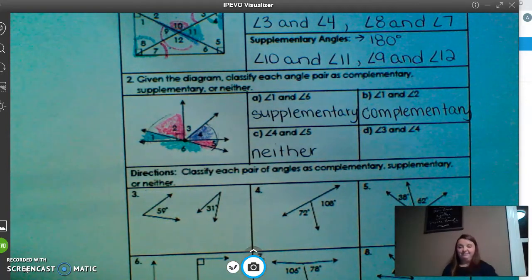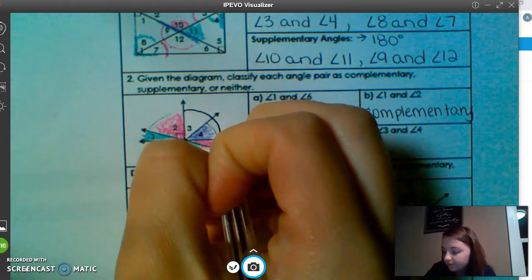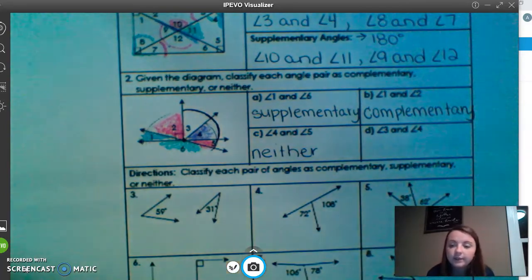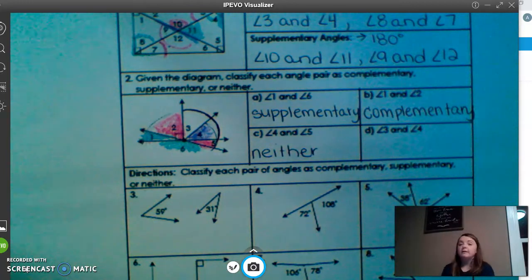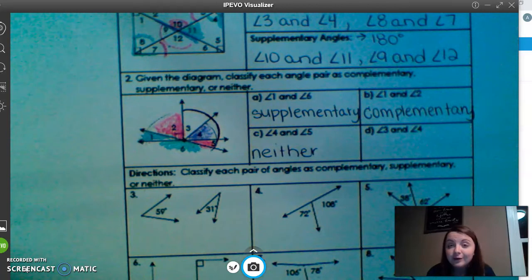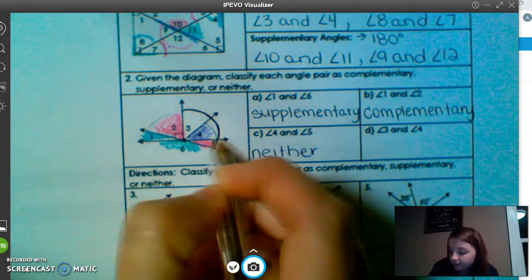D's tricky. So it wants 3 and 4, so it's going from here to here. Now remember, I just told you right here, unless we have the marker for 90 degrees or we can prove it, we cannot assume 90 degrees. I'm going to tell you why 3 and 4 make a 90-degree angle, even though they don't show us it. We can prove it. So here we have a straight line, right?